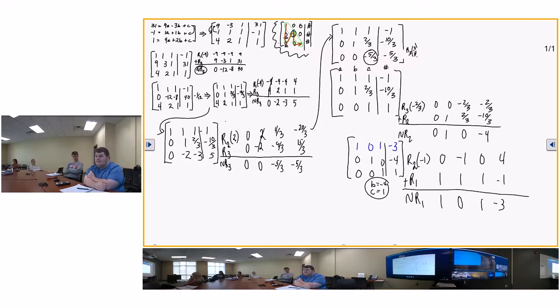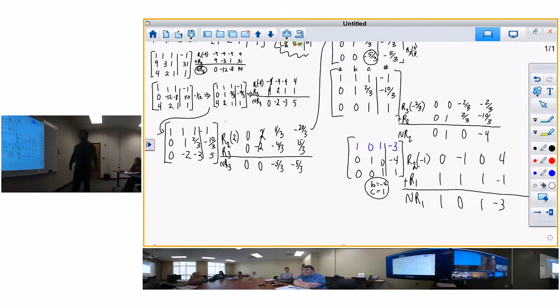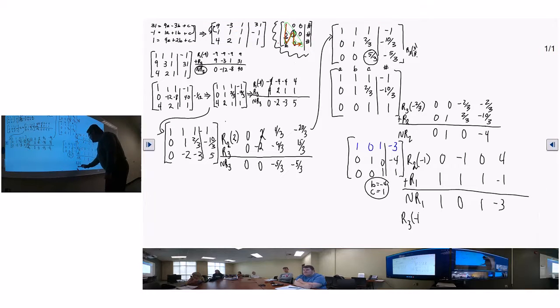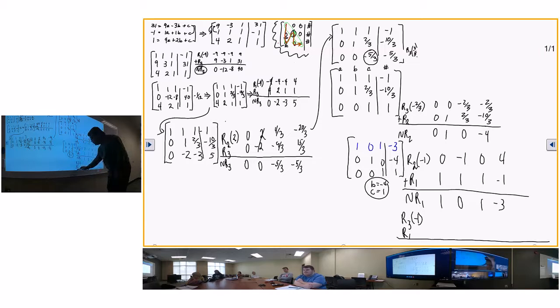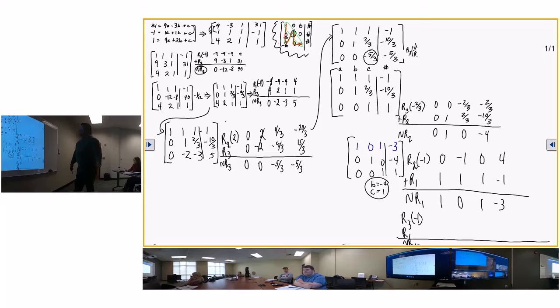Now I'm going to take row 3 and multiply it by what? -1, add it to row 1 to get new row 1. So I'm going to go down here and I'm going to say row 3 multiplied by -1, add it to row 1, and that's going to give me new row 1. So 0, 0, -3, -3.